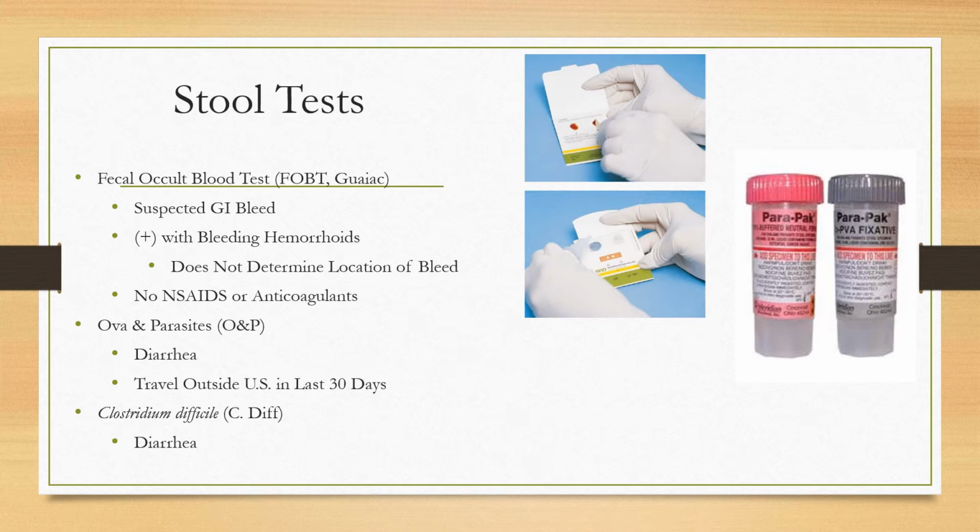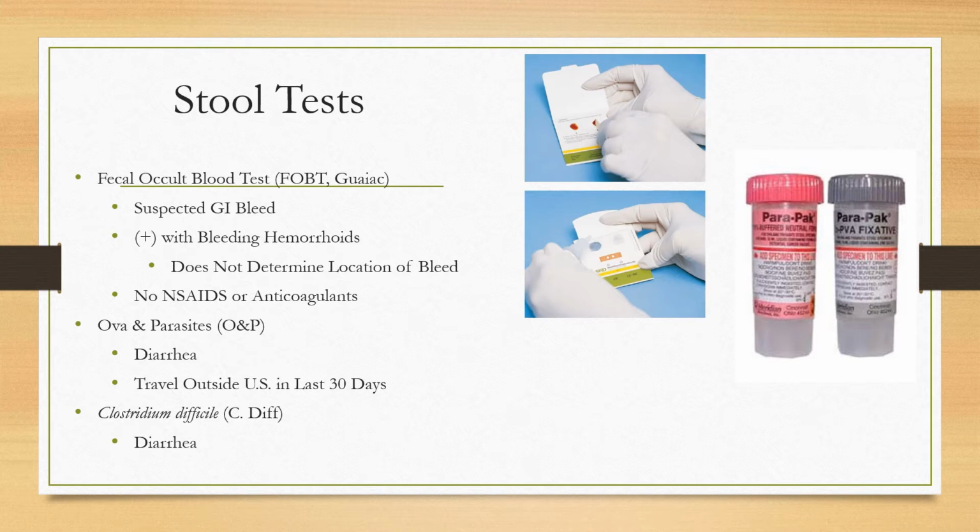If it turns blue, then we know there's blood there. That's what fecal occult blood testing is for. We can't necessarily see the blood in the stool when we examine it, but there is microscopic blood in there that's picked up with fecal occult blood testing.